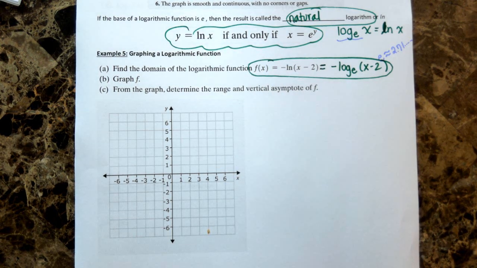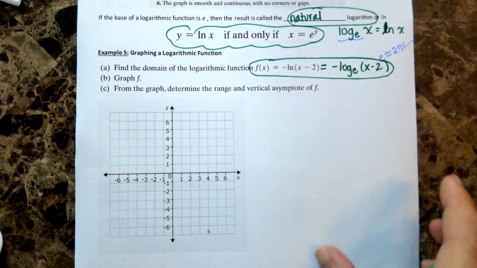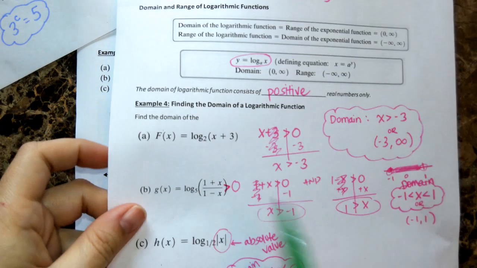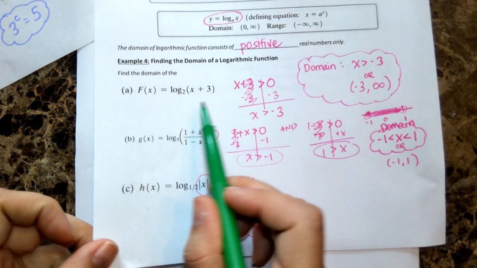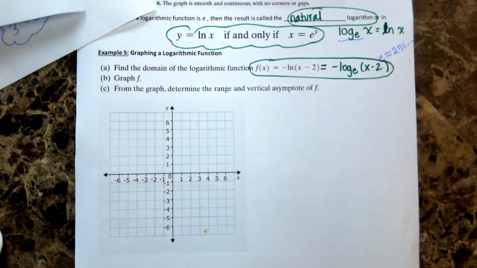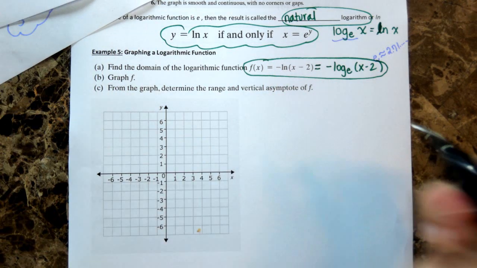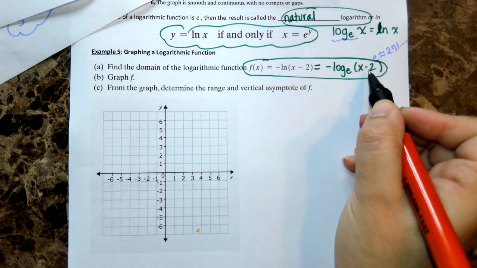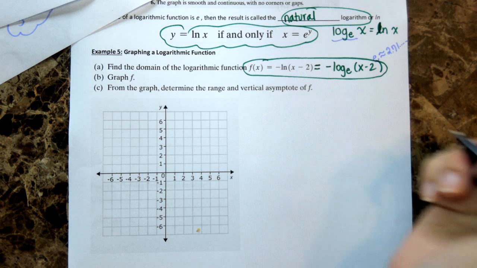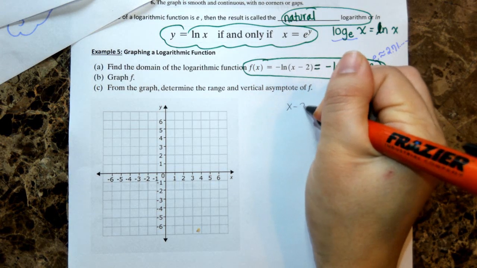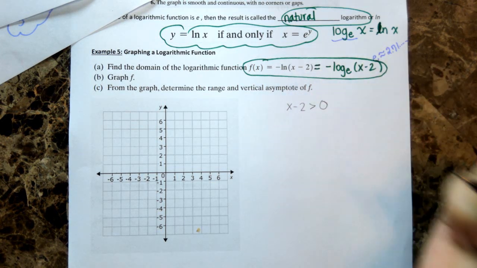Okay. All right, so first thing we're going to do is find the domain. Well, domain, just like we did on the previous page, pretty much just means whatever is inside the logarithm has to be positive. So that's exactly what we're going to do here. ln or log base e, however you want to think about it, whatever's inside the logarithm, or the natural logarithm in this case, has to be positive. So I know that x minus 2 has to be greater than 0.